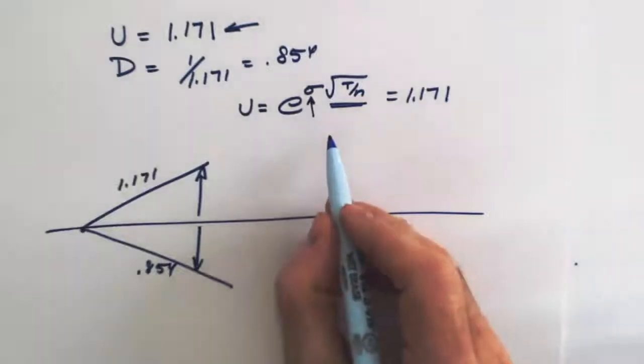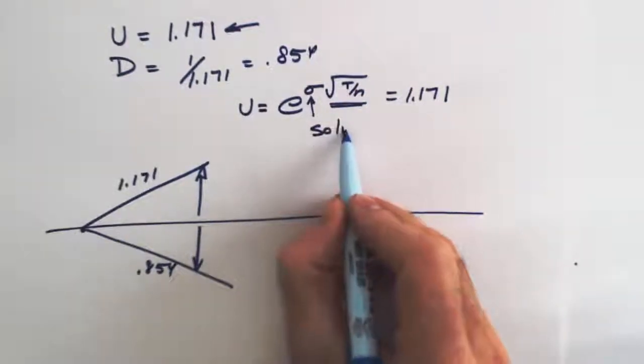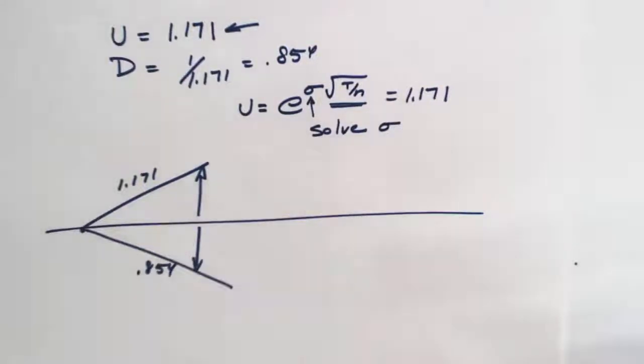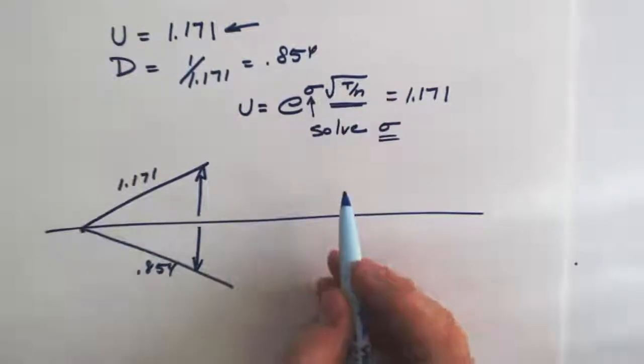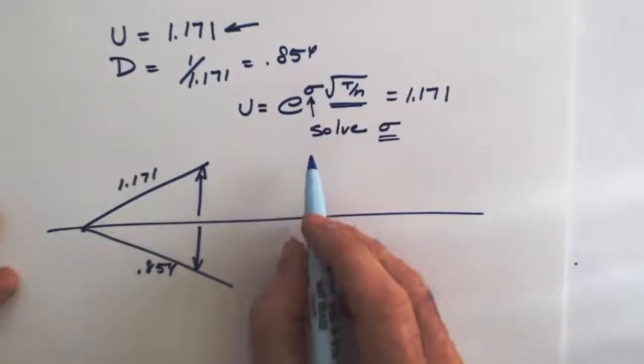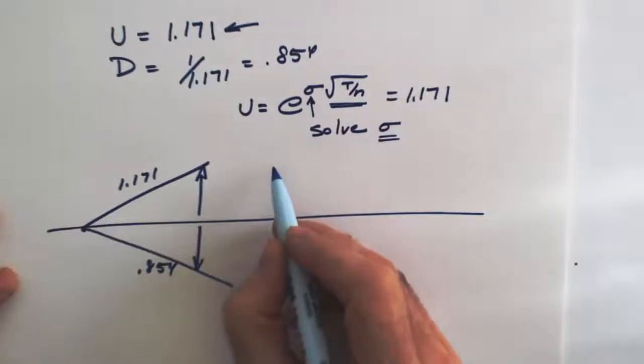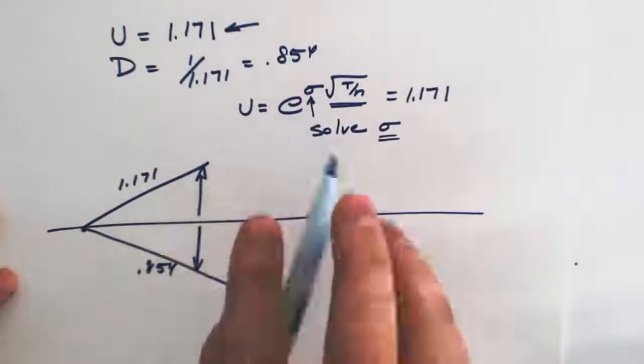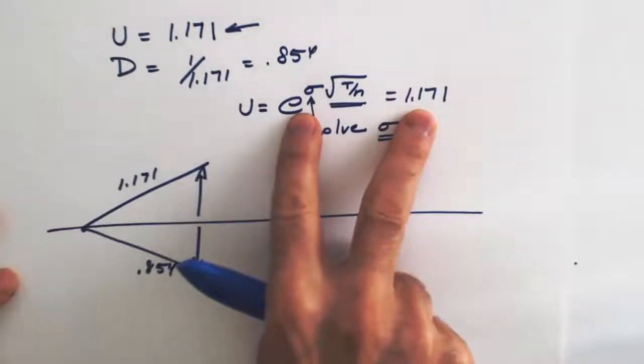And so if we solve this for sigma, then we can figure out what the underlying volatility is. That involves taking the natural log, as I told you earlier, that the inverse of e is the natural log. So take the natural log of both sides.